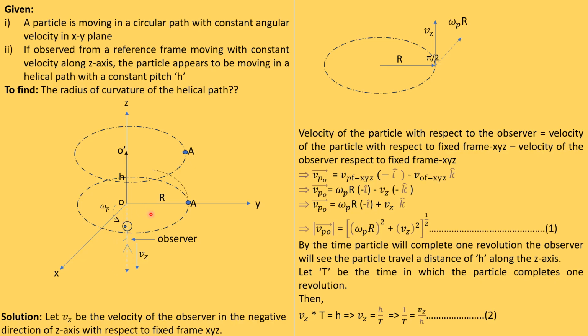But the observer who is seeing the particle is moving along the negative of the z axis with a velocity vz. So it appears to him that this particle is moving in a helical path with a constant pitch h.